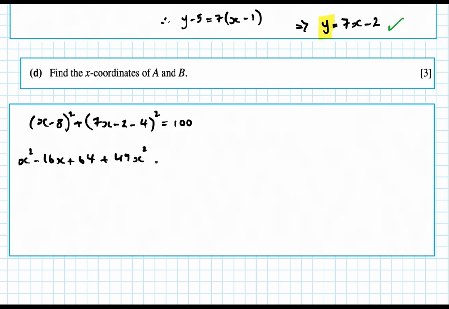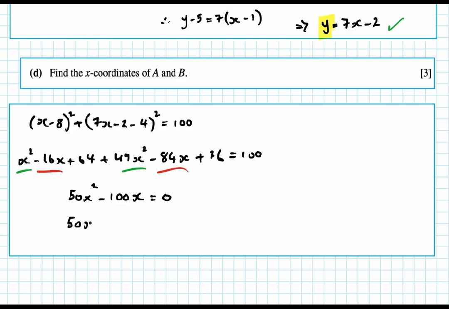49x squared minus 84x. You can use your calculator as much as you need, but I'm sure you can do this in your head. Plus the 36 is equal to 100. So put your like terms together. 50x squared minus 100x, and the other constants cancel out. 100 minus 100.